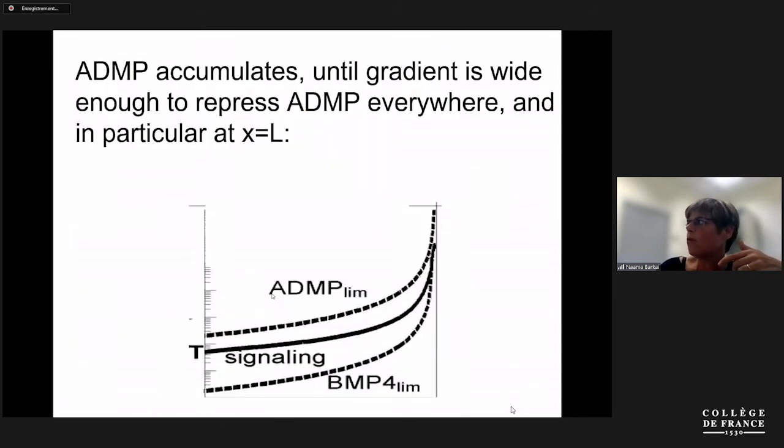Let me show you what we basically get. We have two limiting profiles that the system can move between. One is defined when only ADMP is there, delta equals 1. The other is defined when only BMP is there, delta is 0. Depending on delta, we can be anywhere in this region.